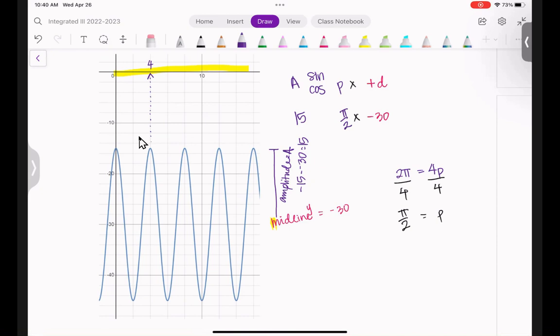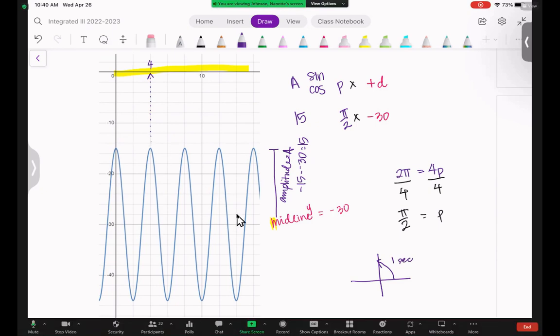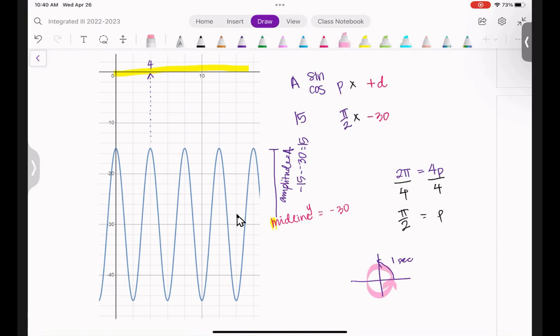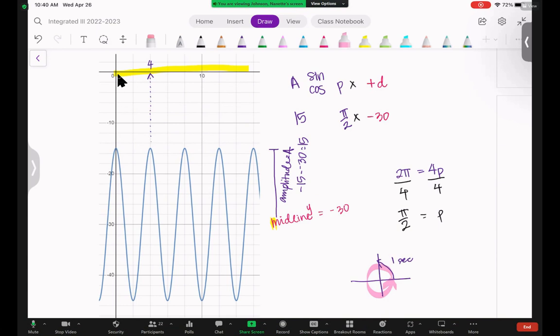You're like, well, pi over 2 is like 90 degrees. It's like this much of the circle. If this takes 1 second, how long is it going to take to go all the way around the whole thing? Oh, it's going to take 4 seconds. So that's why up here we have this 4.